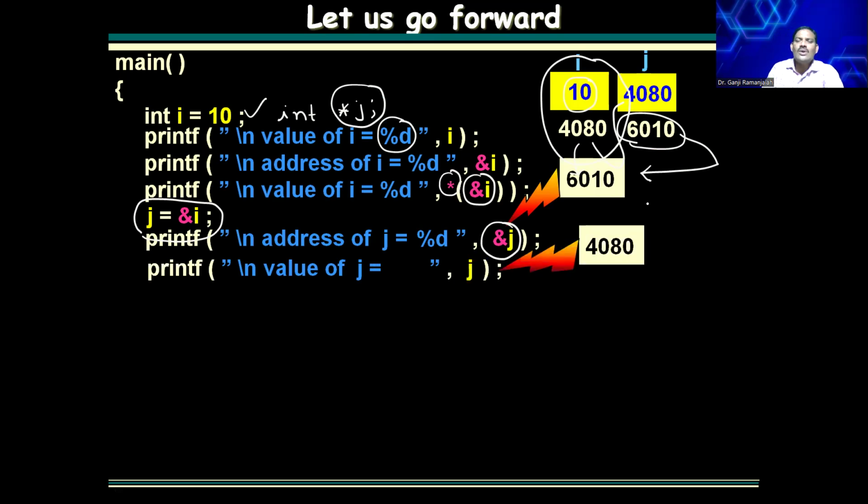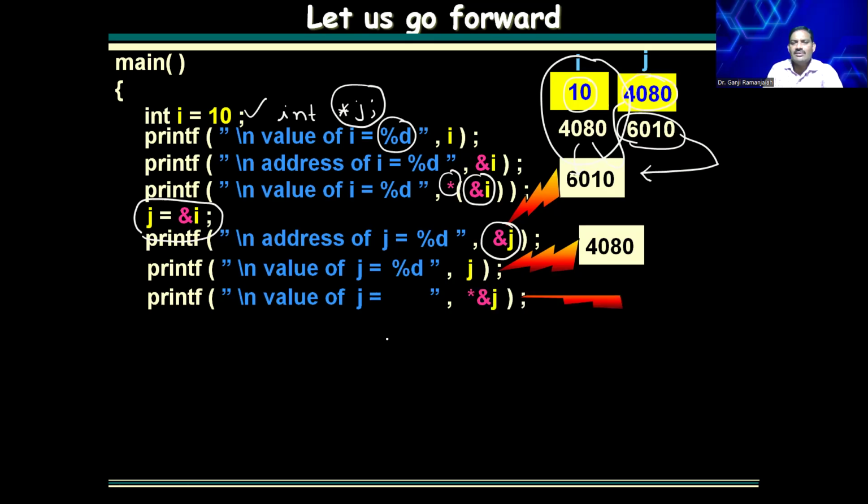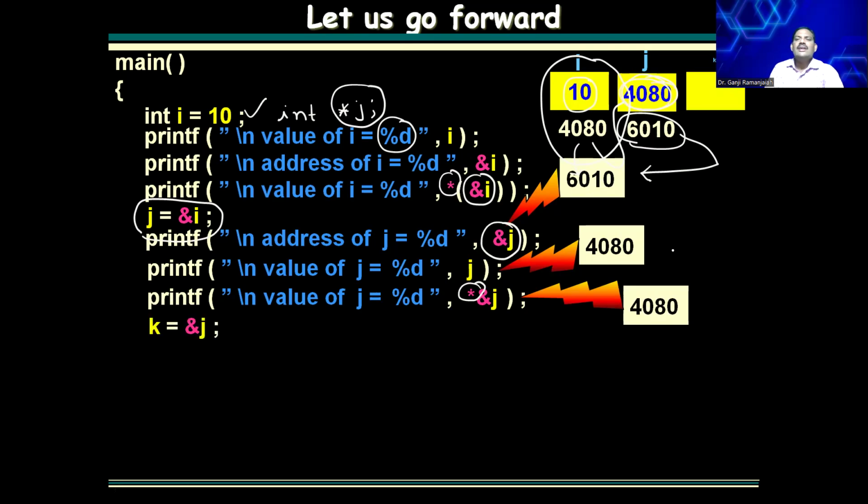Value of J: you can directly see this, print J, which means 4080. Value of J in star: what is star? Value at address, star content. What is this? 4080.